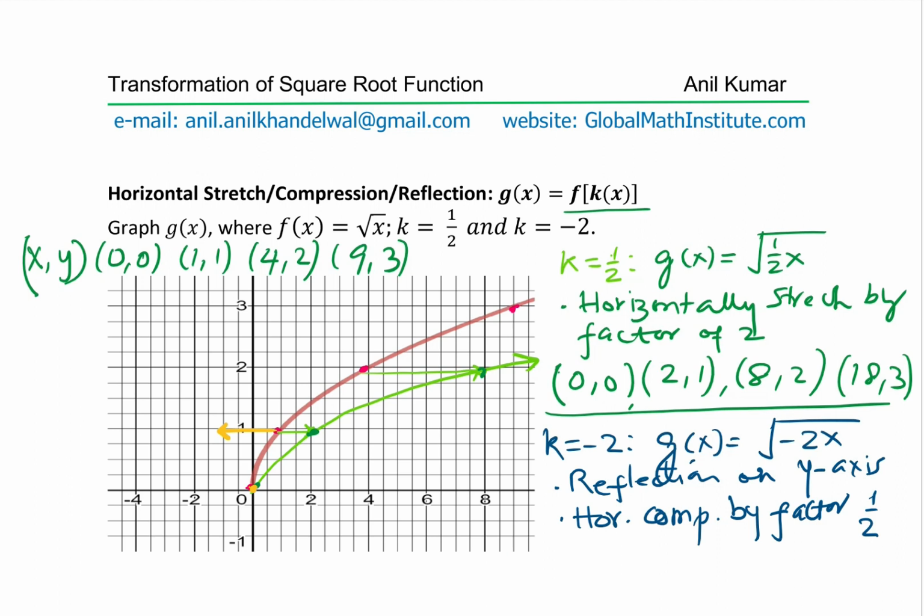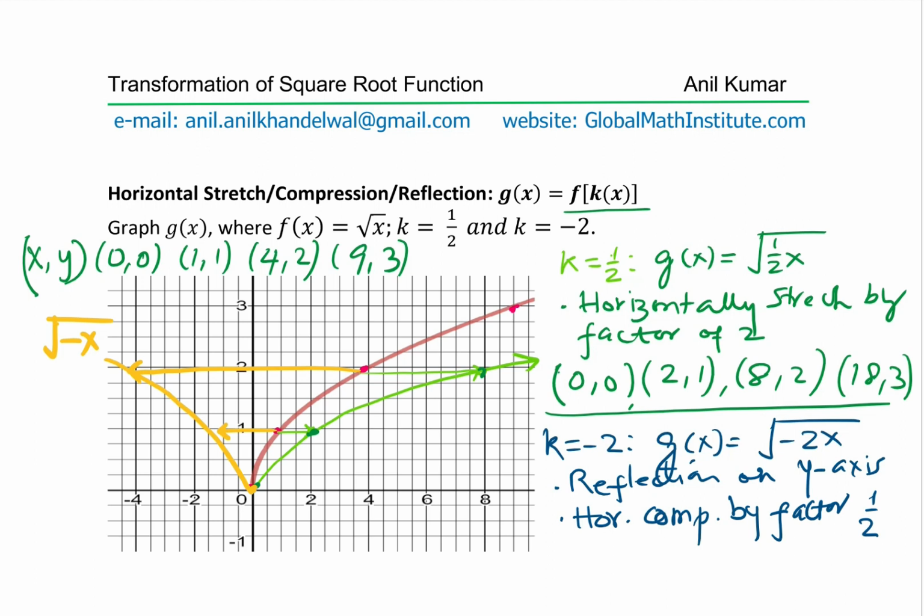So this point here will first get reflected, so instead of being at 4, this will get reflected to minus 4. So we have a graph which will be kind of like this. This graph is of square root of minus x. So that is the reflection part, and we have done the reflection in this case. Now, let me draw the final one, which includes compression by a factor of half.